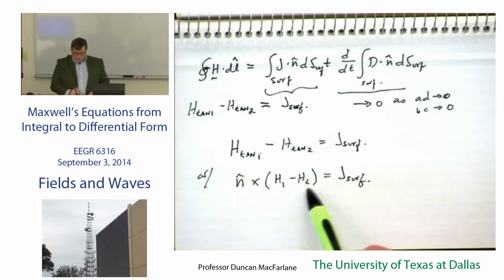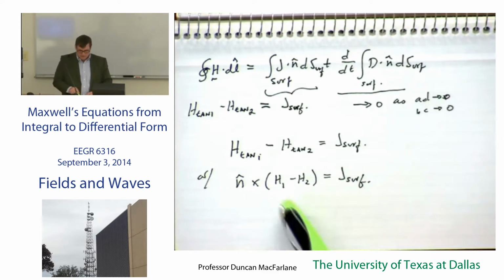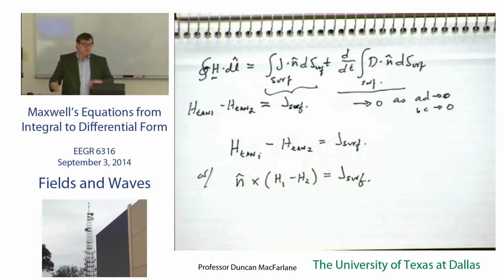So the tangential components can change for the magnetic field across the boundary. Okay? In other words, if I've got a tangential component, what were my units of H again? Thank you.